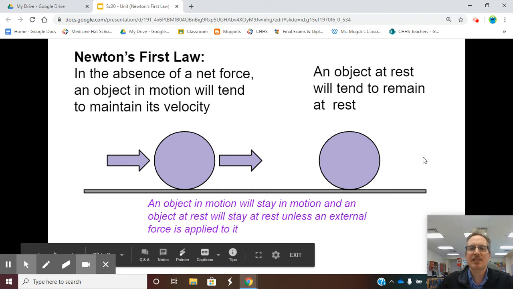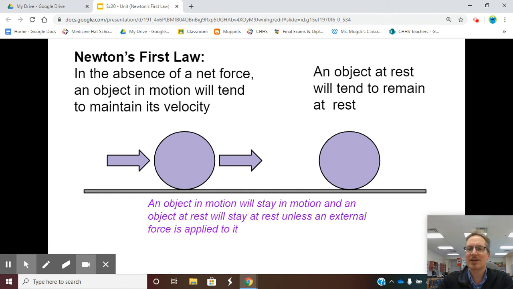So, in both these scenarios, if I take a ball and I set it in one spot, and it's resting, not moving, no velocity, no speed, it will stay there unless we apply a new unbalanced force.